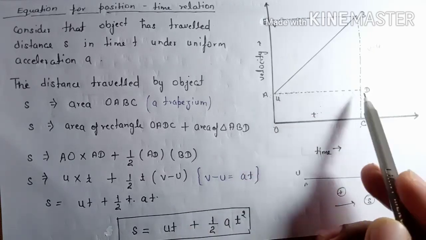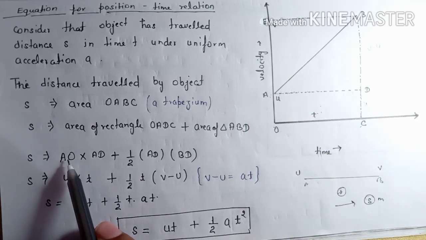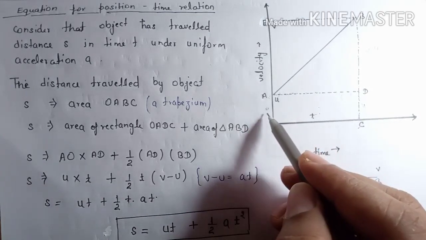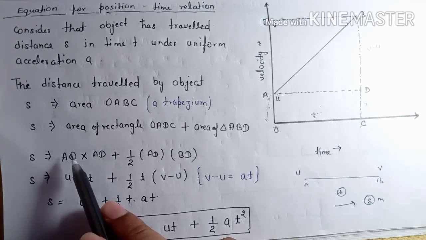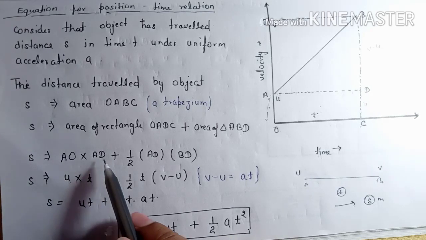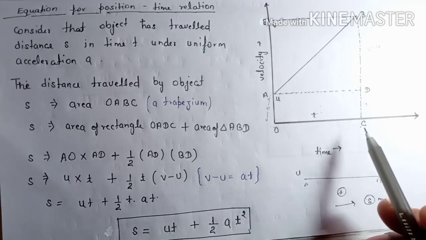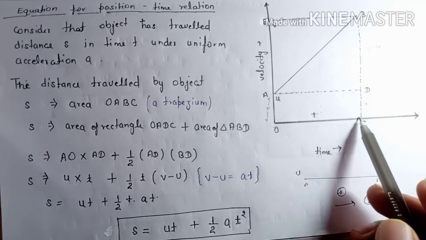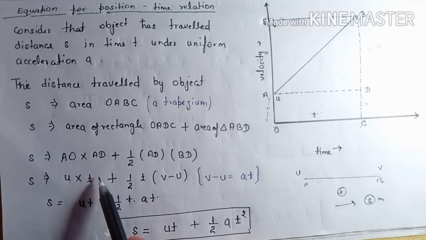Length, which is AD, into breadth, that is AO. In that condition, AO is equal to U. You know that from here to here it is U. So you can write U in place of AO, and AD is equal to what? AD is parallel and equal to OC, and we are given that is time t. So you can put t here in place of AD.